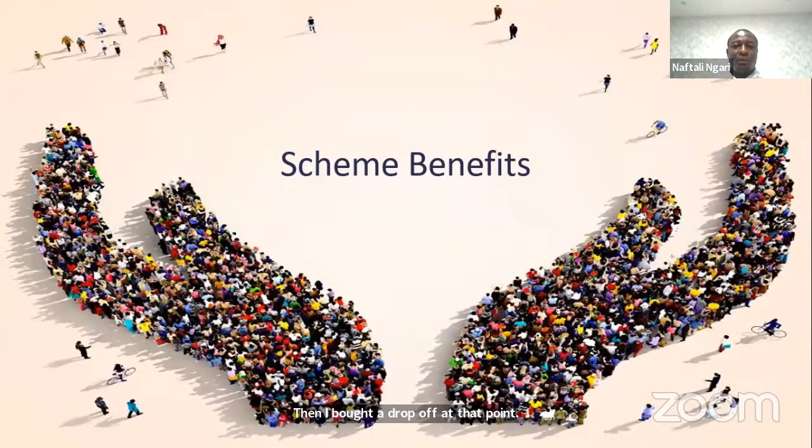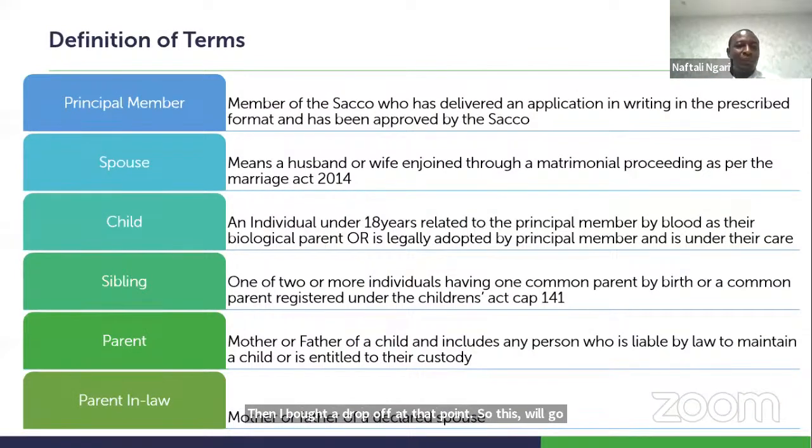So we'll go through what the scheme covers, but before we do that, we're going to do a definition of terms. Many are times where we've had members joining the scheme and they are not quite well aware of who it is that they can cover under this particular scheme.